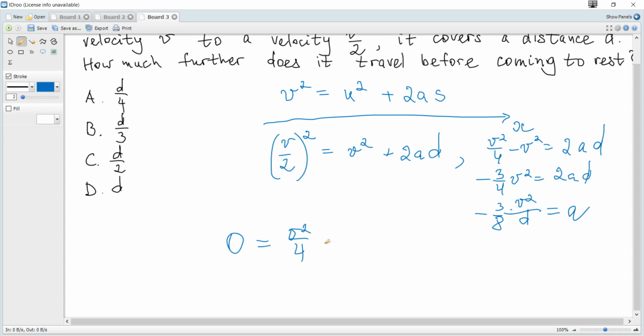It's negative, so it becomes minus, and 2 over 8 is 1 over 4, so 3 over 4 v squared over d, times s, and s is the displacement for the second stage, and since it is moving in the positive direction, it will be equal to the distance traveled.